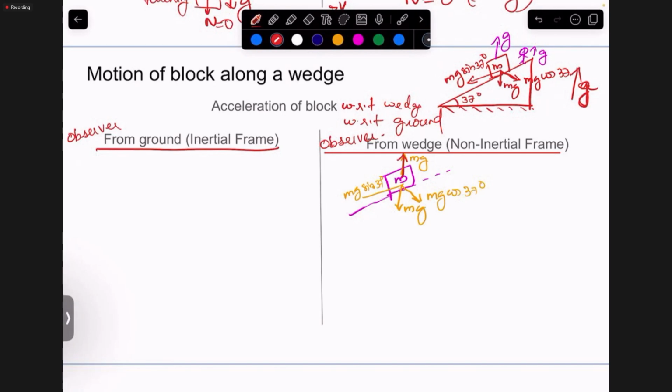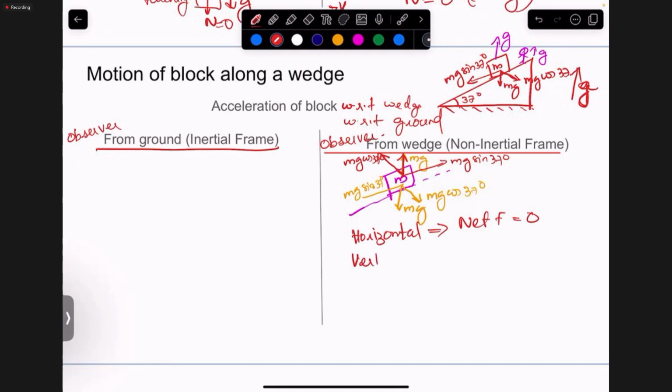This mg will have a parallel component like this and a perpendicular component like this. This is mg cos 37, and this is mg sin 37. Both of these will balance, so along the slope you'll have net force equal to 0. So mg sin 37 and mg sin 37 will balance. Vertical, what will happen?